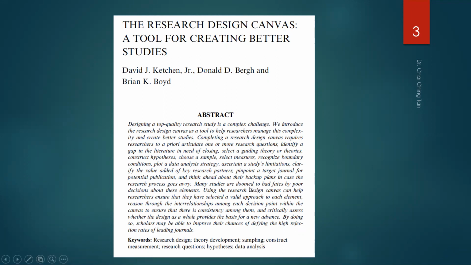So this is really nothing but telling all the stories and components of this. Okay, you can read it by yourself. So this basically is just the background and what they're doing. Okay, and so this is very straightforward. There are a lot of ways to write the abstract. This is just straightforward writing. And at the end, "by doing so, scholars will be able to improve the chances of defying the high rejection rate," so they can get published.